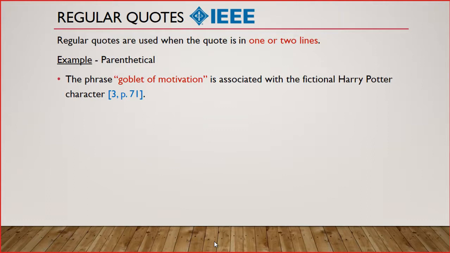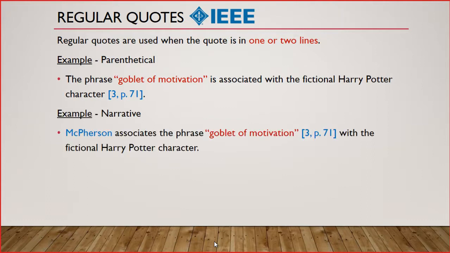This is parenthetical. What about narrative? Yes, we can actually use narrative in IEEE. How we do it is that, for example here, let's say the author name is Macpherson, one person. So Macpherson associates. You see, there's no year here because the bracket year, that is APA. But in IEEE, we do not put in the year.